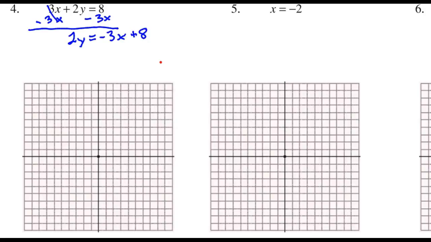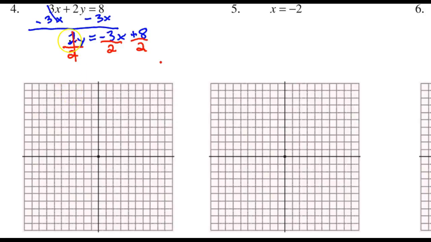But remember, this is not in the correct format because there's a 2 in front. So on this one, we're going to have to divide everything by 2. There's one more step than what we were doing before because we have a division step.